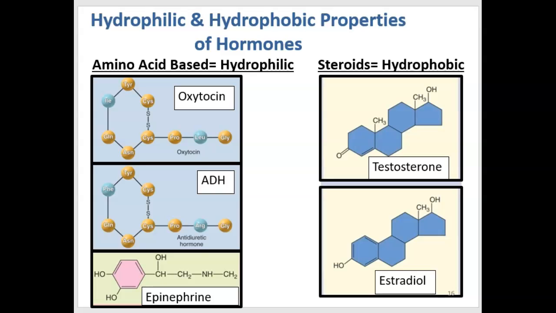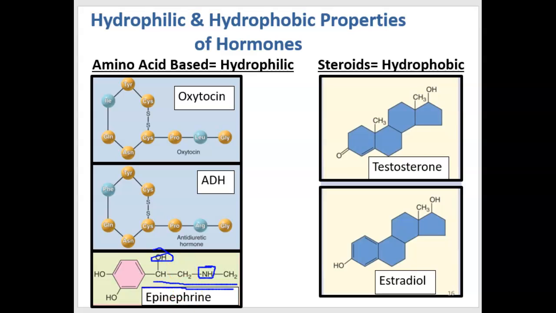Some examples, of course, as I've mentioned before, would be epinephrine. Here's the structure of epinephrine. You don't have to memorize that, but there's amine groups, for example, OHs, right? And so that's going to react really well with the polar nature of water.